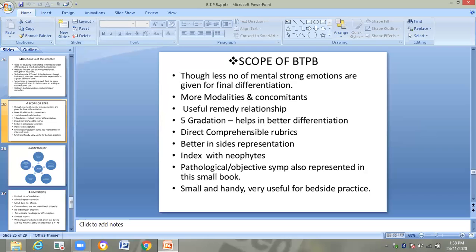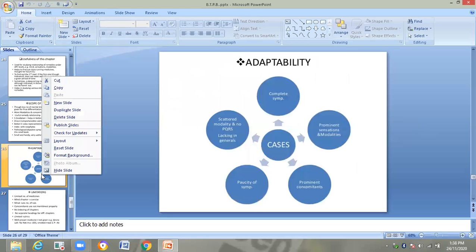Then adaptability of this repertory, in which cases we can adapt or we can use this repertory.